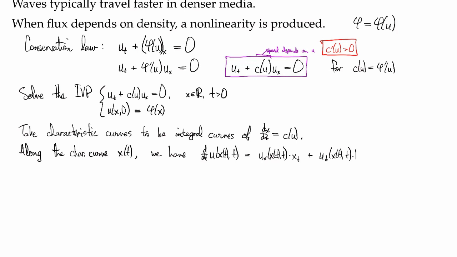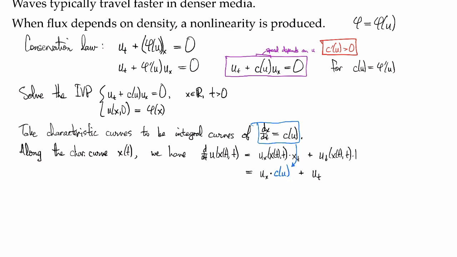So then let's see. So this is going to be u sub x times, and then if we look at our derivative of x with respect to t, this is actually equal to c of u now. So this is times c of u, and then this is plus u sub t.